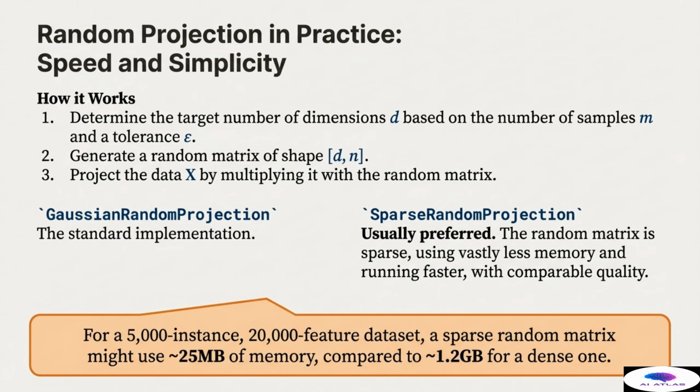For instance, for a dataset with 5,000 instances and 20,000 features, a sparse random matrix might use only about 25 megabytes of memory, compared to approximately 1.2 gigabytes required for a dense one. This immense efficiency gain makes sparse random projection a critical tool for extreme feature reduction.